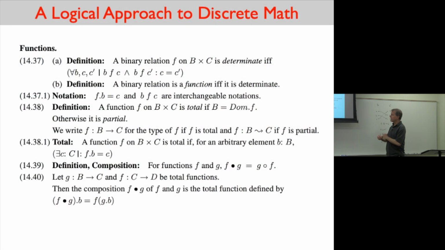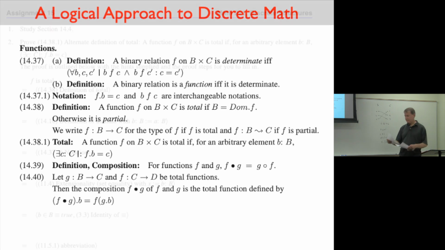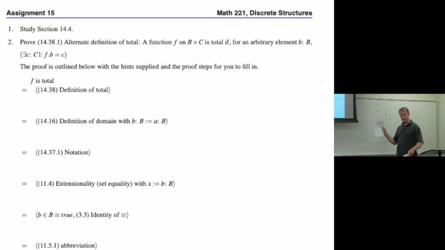Now, what you're going to do for me on Thursday is prove 14.38.1. Now, it's a rather involved proof. And so what I have for you here is a handout that has the proof. This is available on the web for those of you out there.